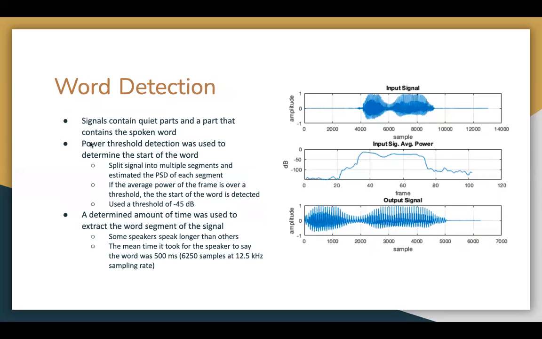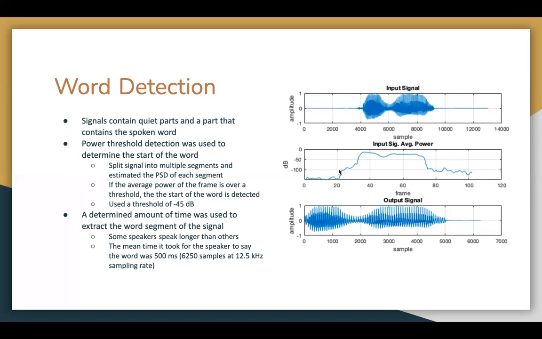So the next thing we do is we detect the word part of the signal. The overall signal contains quiet parts, and then the part of interest, which is the word part. So we split the signal into multiple frames, and then look at the PSD of each frame and the average power of that frame.